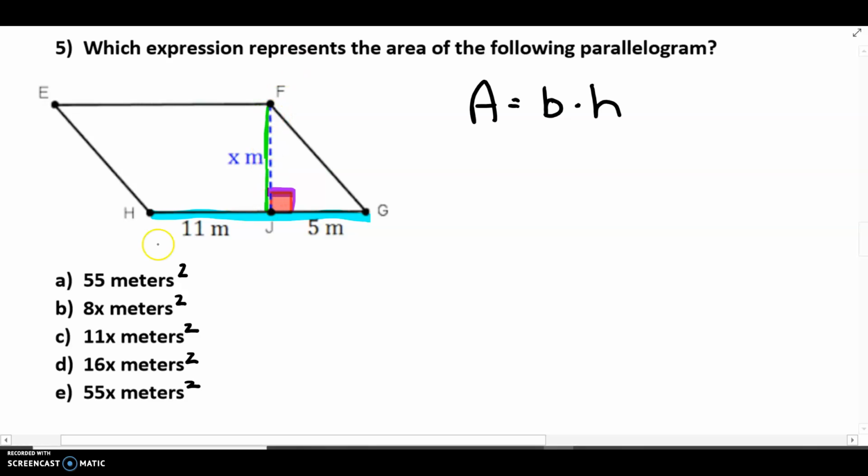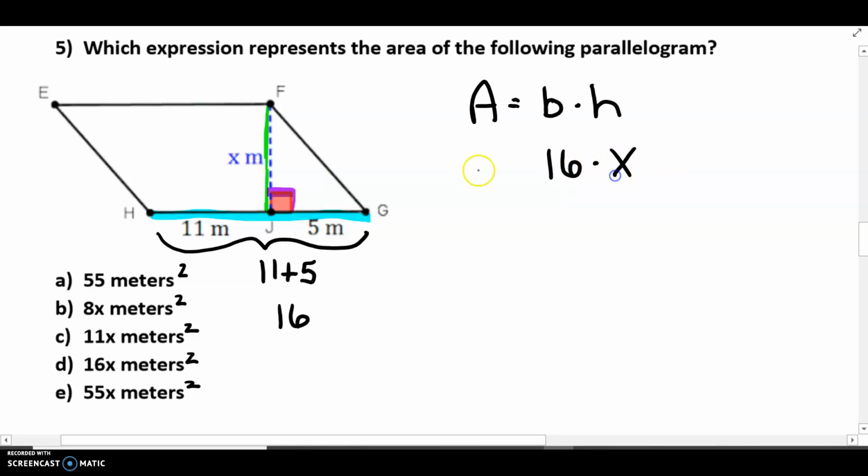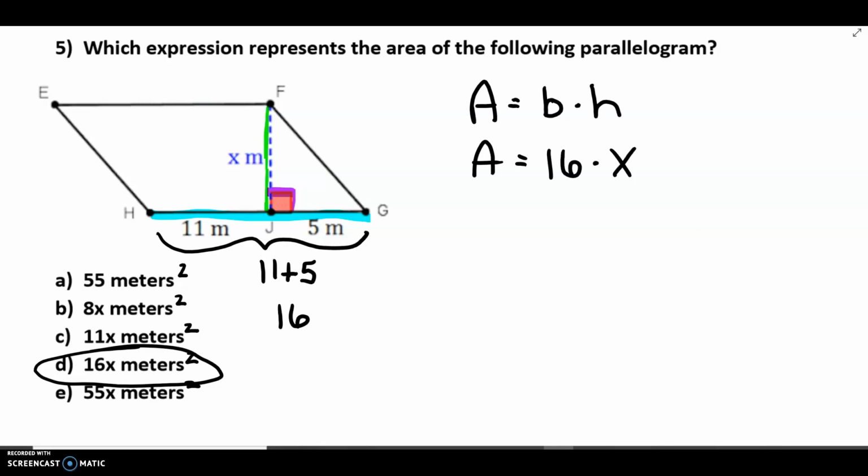I have to be careful with what I consider this entire base. It's 11 plus 5, so my entire base is 16. So in the end that gives me a base of 16 times a height of x, which means my final answer is choice D. Still doing well? I hope so.